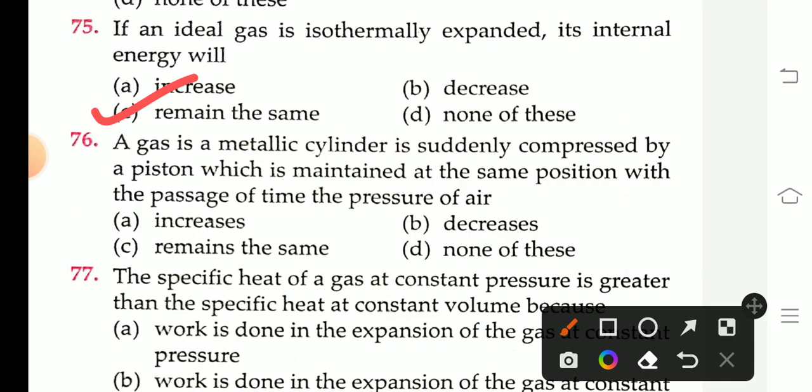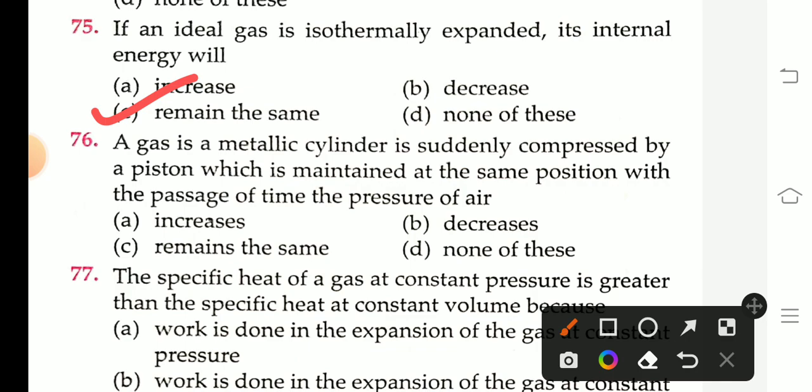Next, a gas in a metallic cylinder is suddenly compressed by a piston which is maintained at the same position. With the passage of time, the pressure of air.